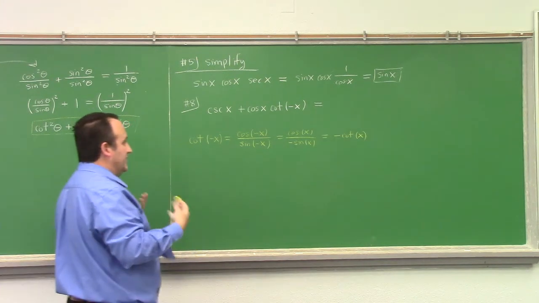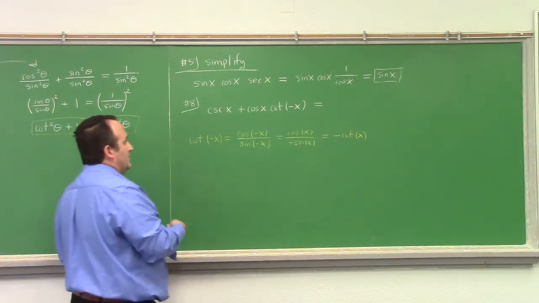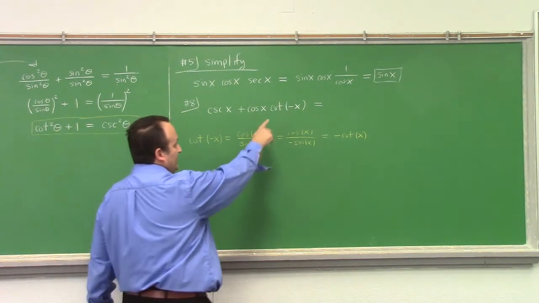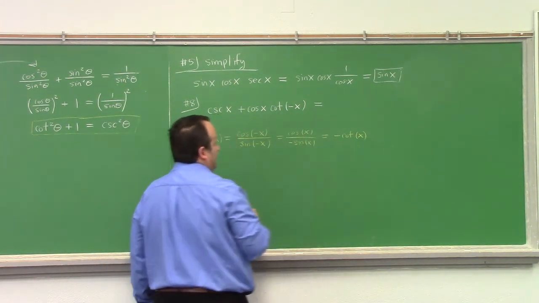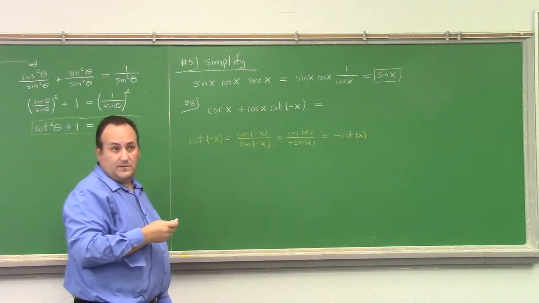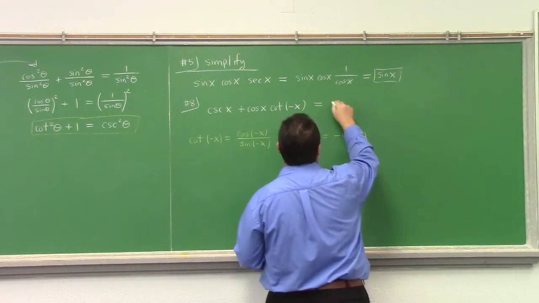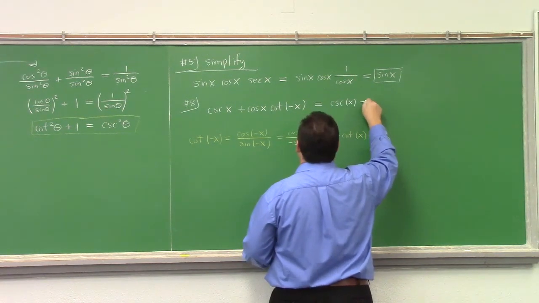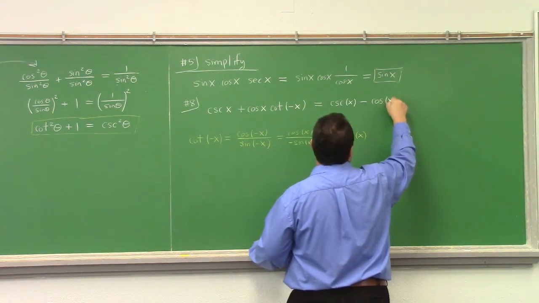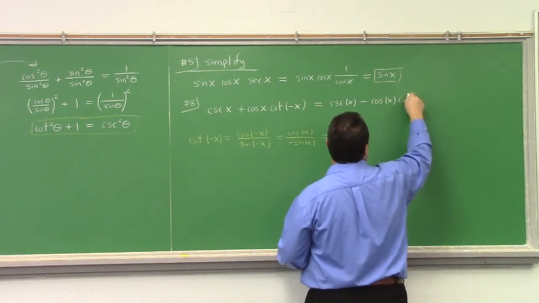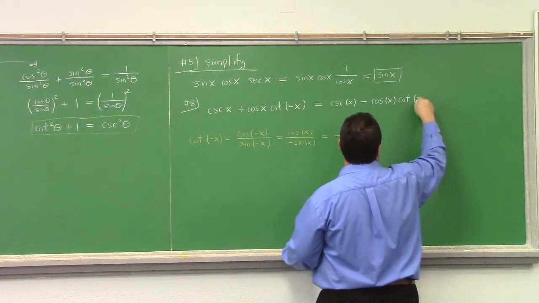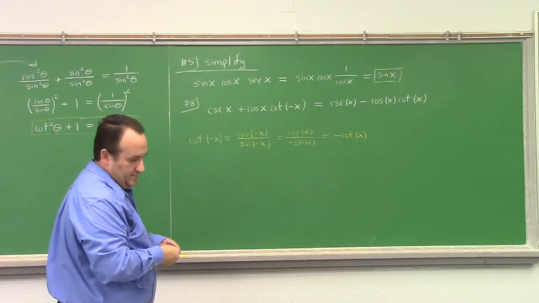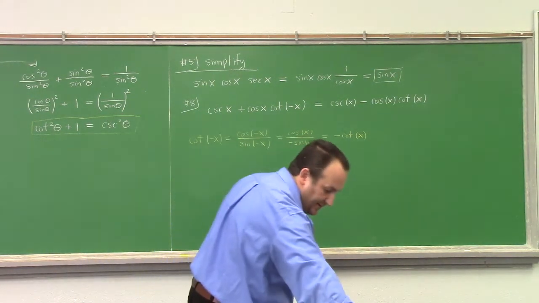So that's my first comment to you, is that we can replace cotangent of minus x with minus cotangent x, all right? So we have cosecant x minus cosine of x times the cotangent of x. Let me say by star.